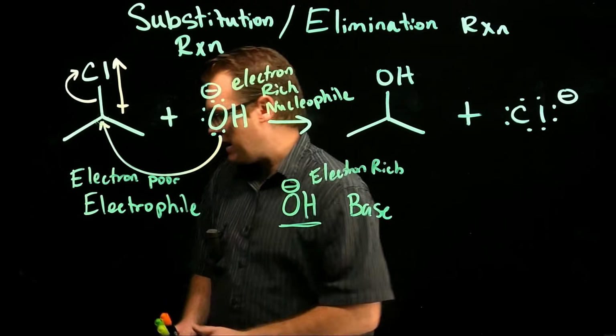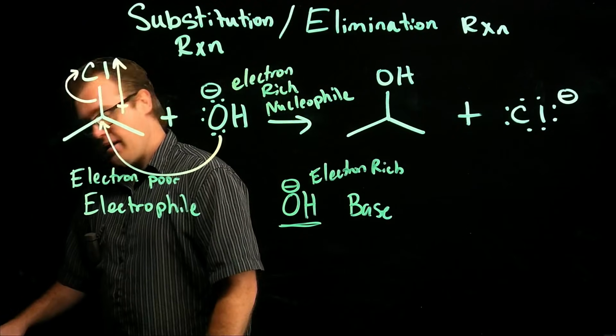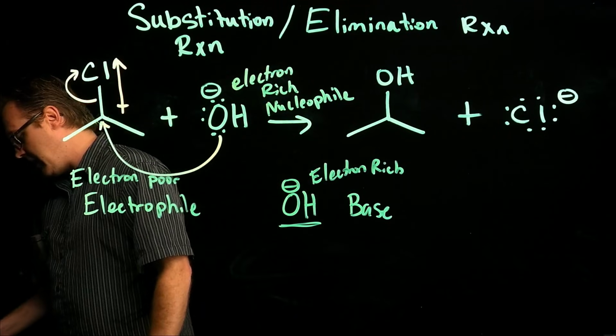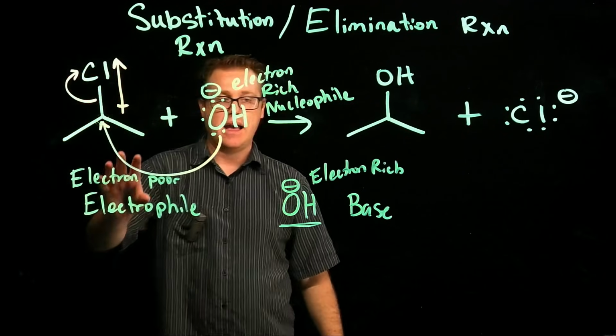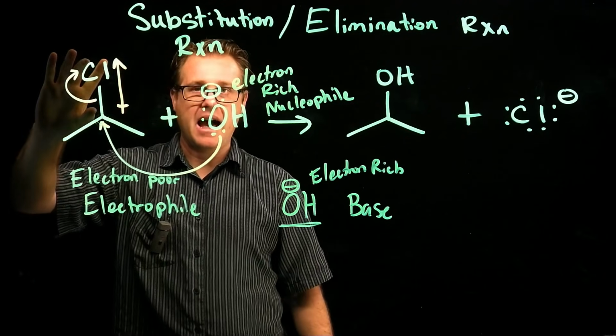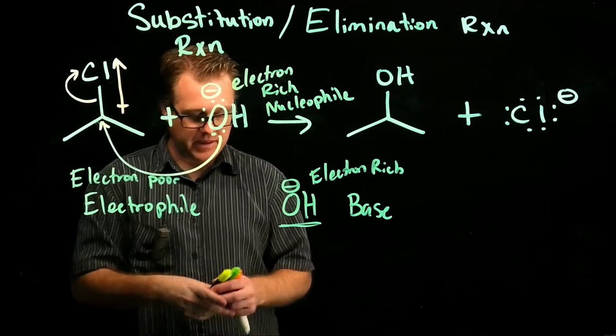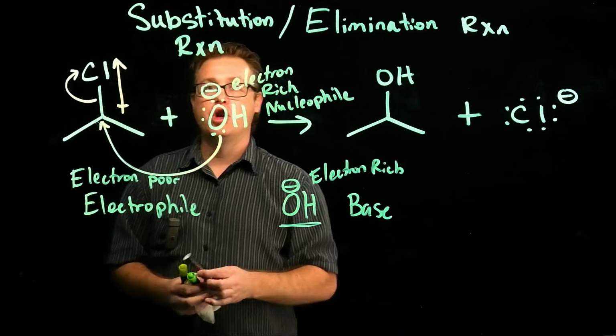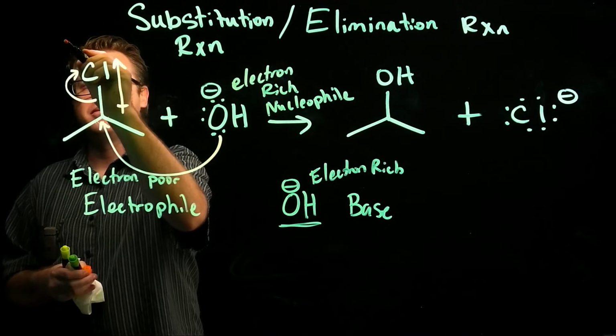Okay. Now the next reason, and another thing that we need to understand as to why we need a halogen, is because we have a phrase. The halogen right here is a good leaving group.